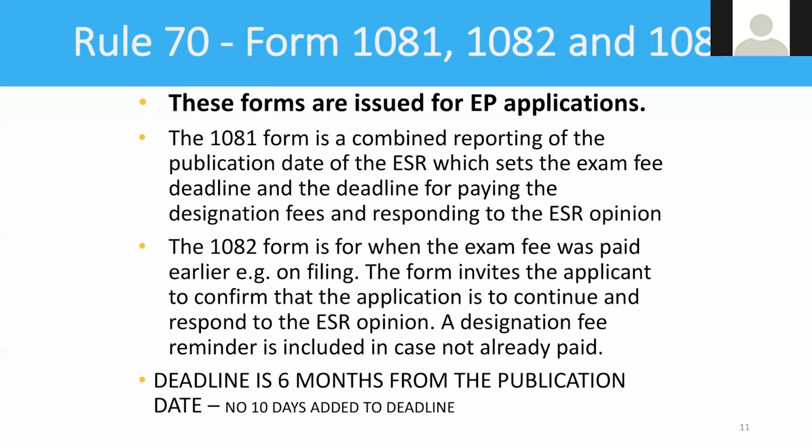You ultimately have to respond to the search report, but you won't know the deadline for responding until you know when it's going to be published. This is tricky from a docketing standpoint because there is a deadline to respond, but you can't calculate that deadline yet.